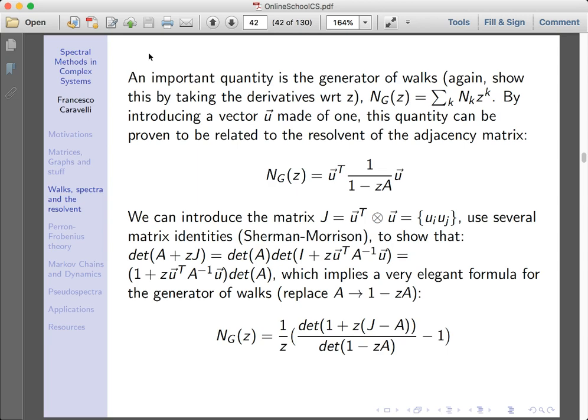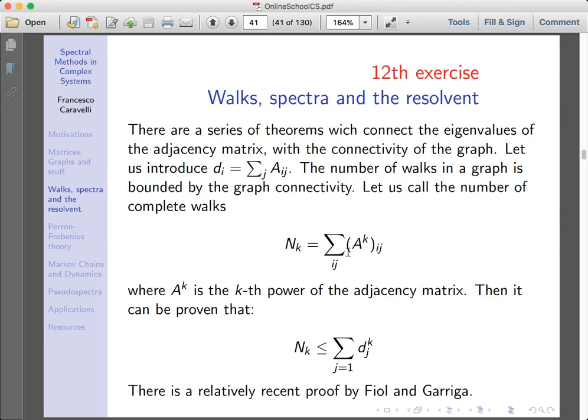So let's assume that k is very large, so this would be in the limit of an infinite number of steps. Then it's not hard to see that actually this is the definition of the resolvent.